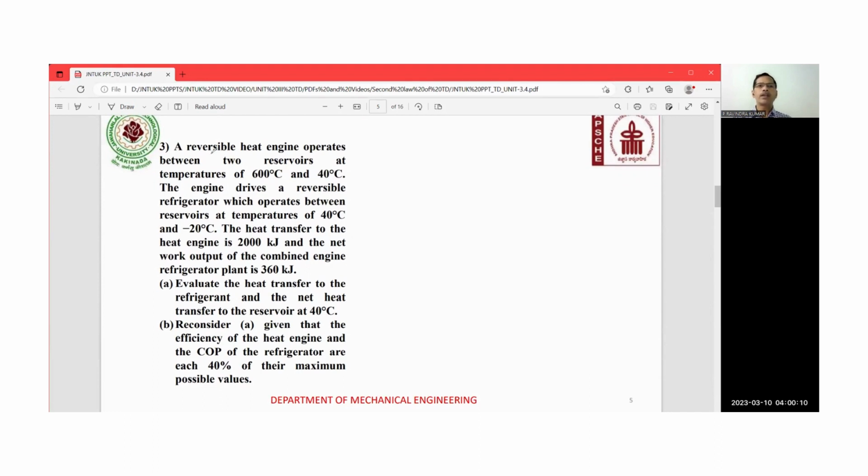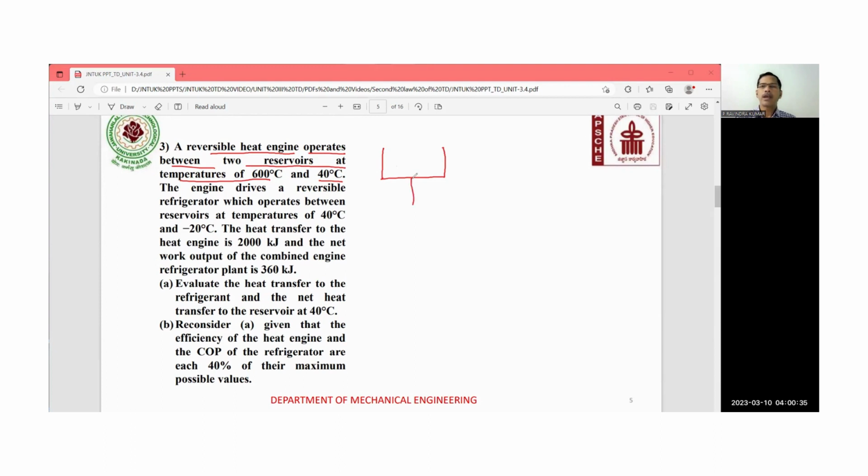A reversible heat engine operates between two reservoirs at temperatures of 600 degrees centigrade and 40 degrees centigrade. Right? So let me draw this reversible heat engine. If you draw the diagrammatic sketch, it is going to become very easy.